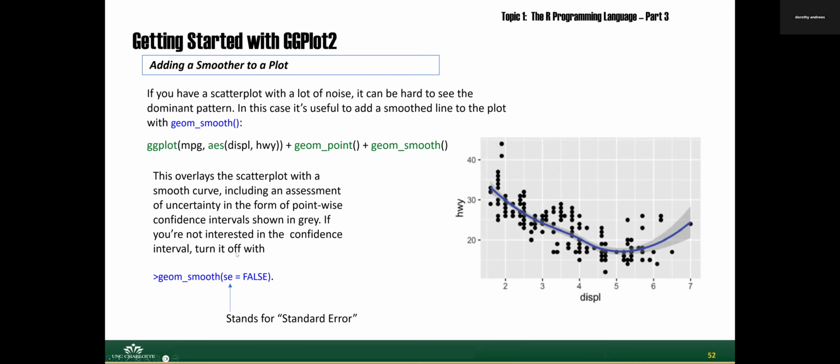So if we want a smooth, all we're doing is saying, can you please put a curve of best fit that runs through all these points? And when we say a curve of best fit, we typically mean, in simple terms, draw me a curve that's as close as possible to all these points.